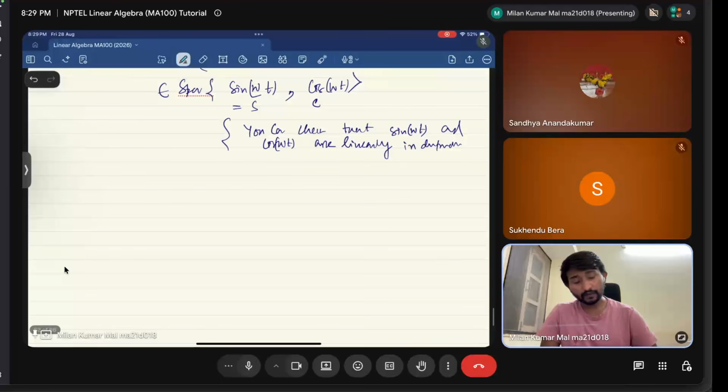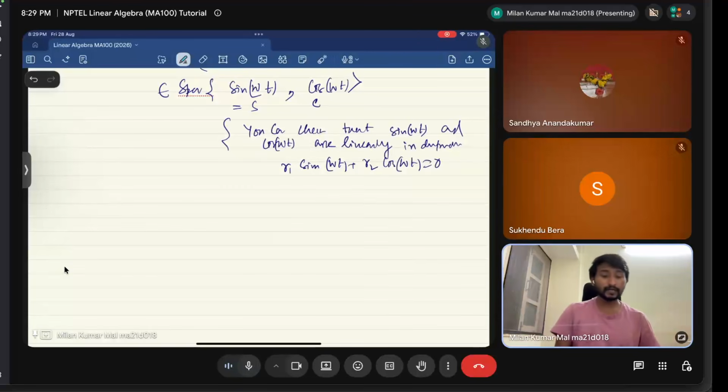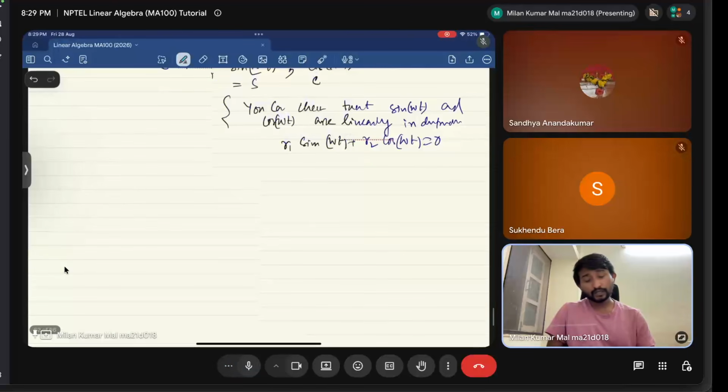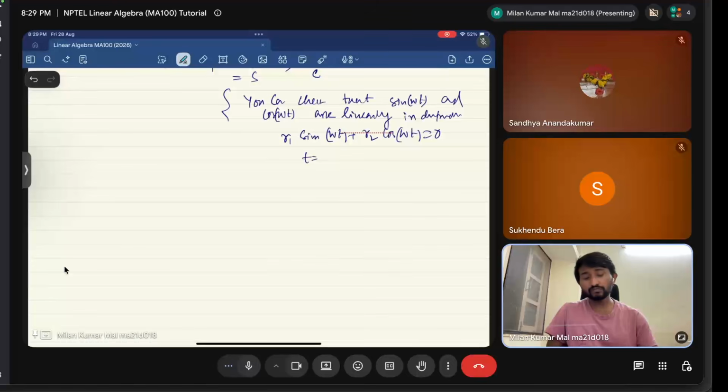How to check that? If you take gamma 1 sin wt plus gamma 2 cos wt equals 0, we have to prove that gamma 1 and gamma 2 equal 0. Let's take t equals 0. Then gamma 1 sin 0, which is 0, plus gamma 2 cos 0, which is 1, gives gamma 2 equals 0.